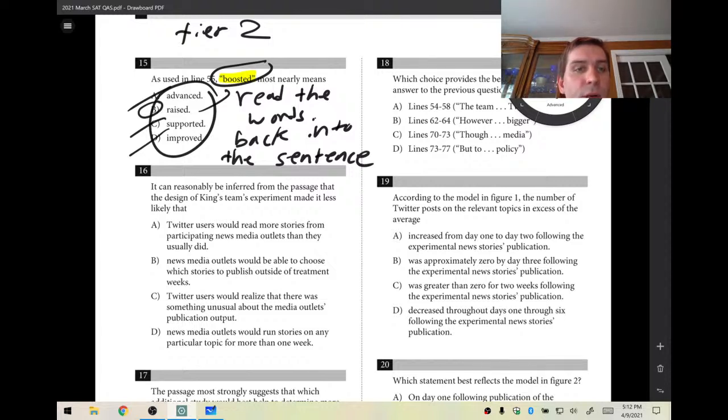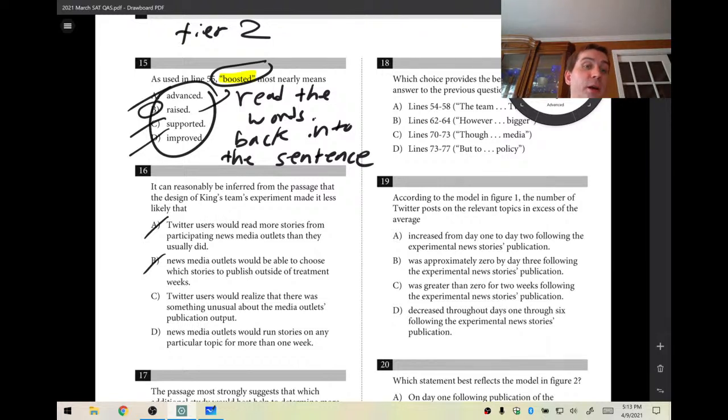We have no indication that they did anything like that. Okay. Do we have any indication that news media outlets... Did King's experiment make it less likely that news media outlets would be able to choose which stories to publish outside of treatment weeks? No. The news networks had control of that. That was not accounted for within the experiment.